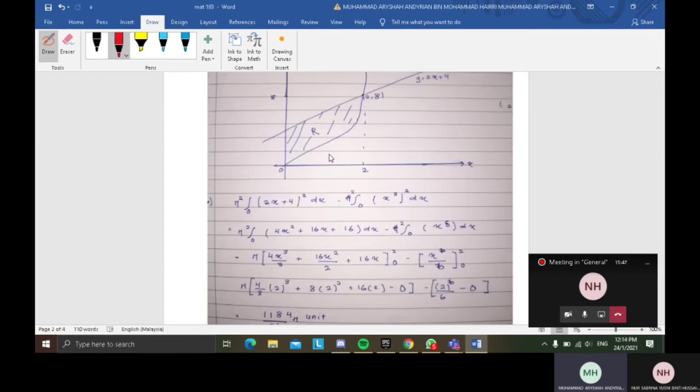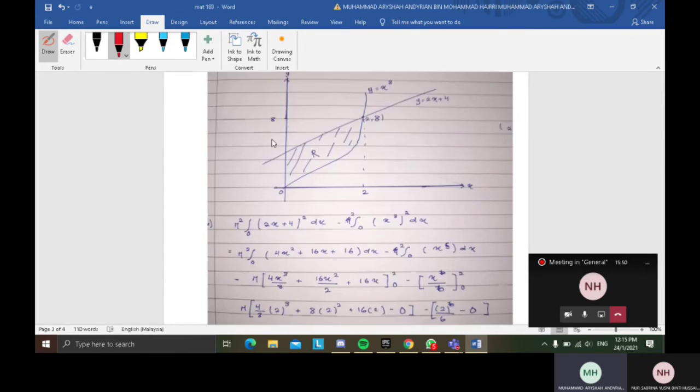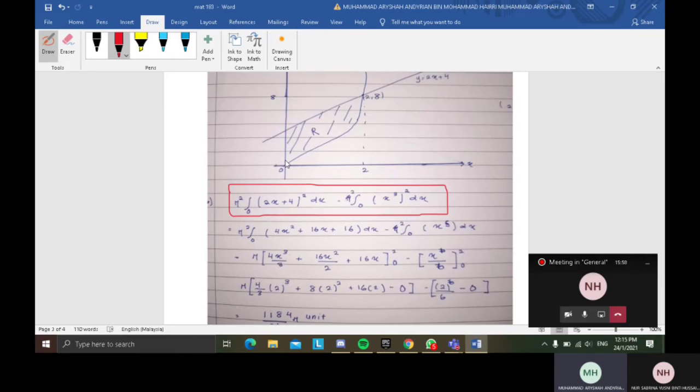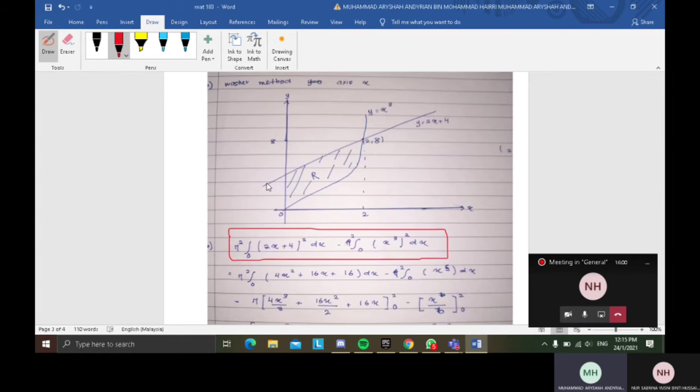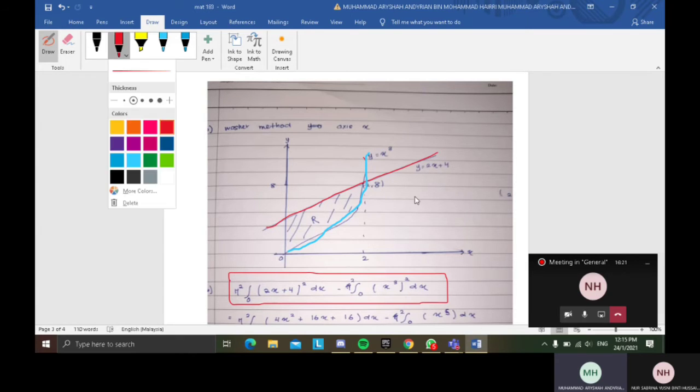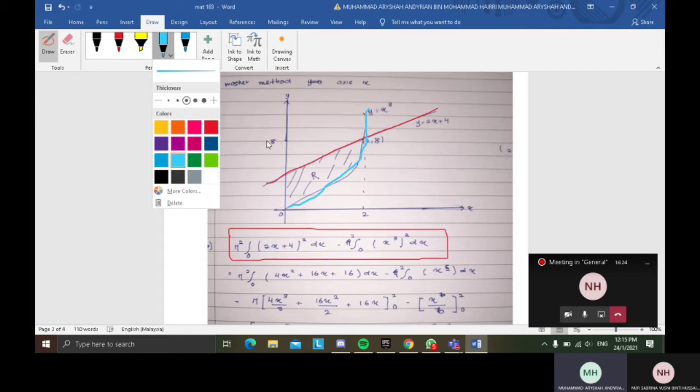Firstly, by using the formula, you just need to identify which is the outer radius and the inner radius.